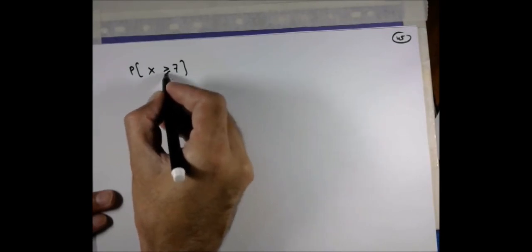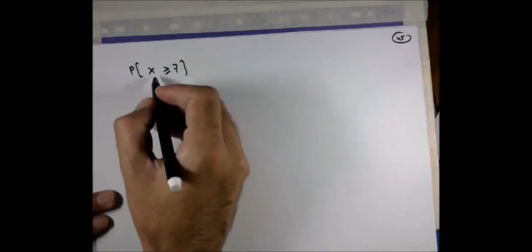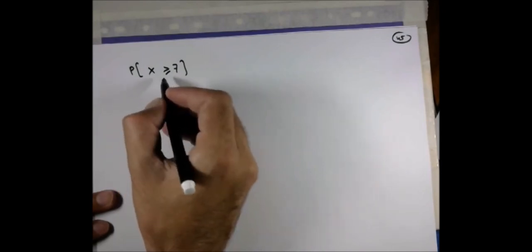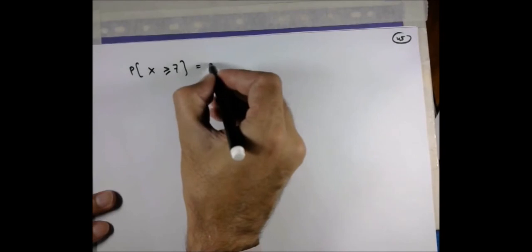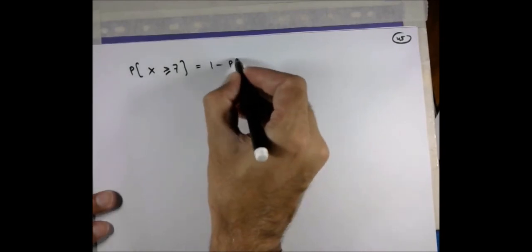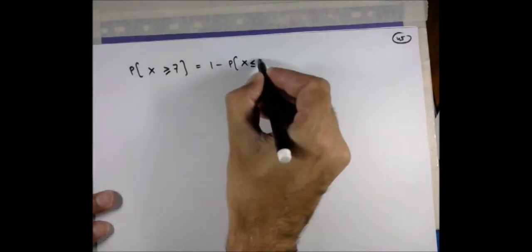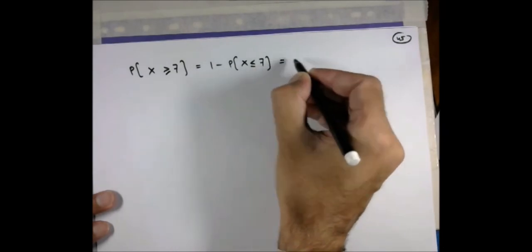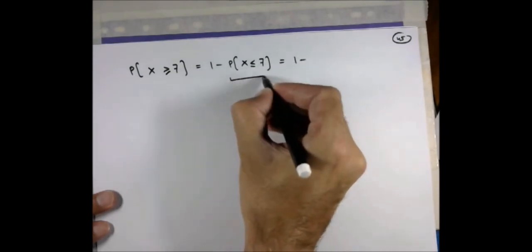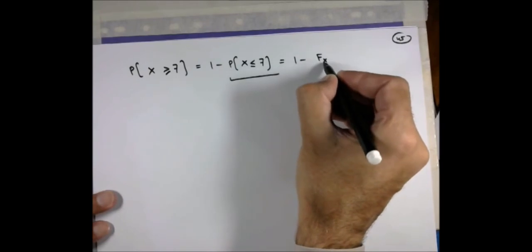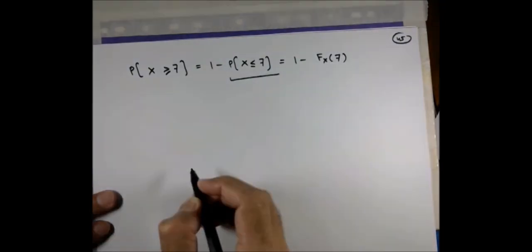You already know what we mean by this, the relation between this expression and the term at least. So I can always write it as 1 minus probability that x is less than or equal to 7. And so this can be written as 1 minus, this expression is nothing but f sub x at 7.